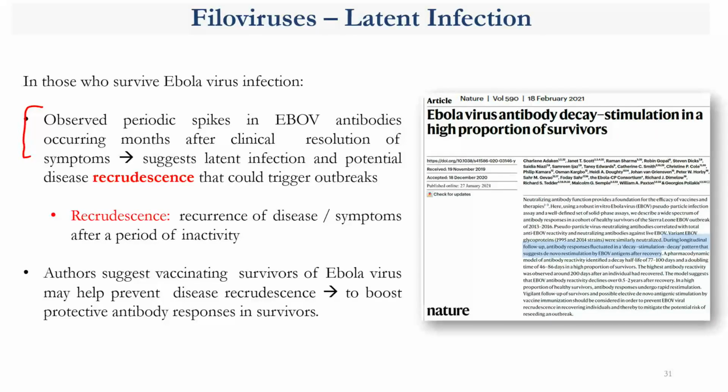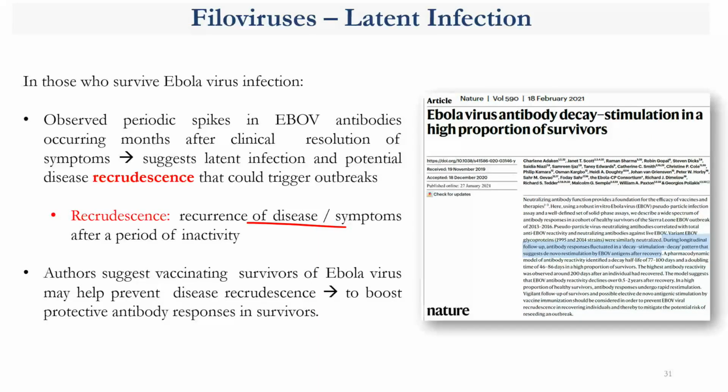So what that means is there might be latent infection and a potential for disease recurrence, and this recurrence can actually trigger outbreaks. Recurrence is basically reoccurrence of the disease or the symptoms after a period of inactivity.